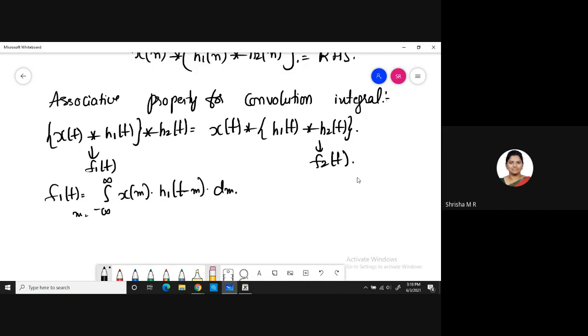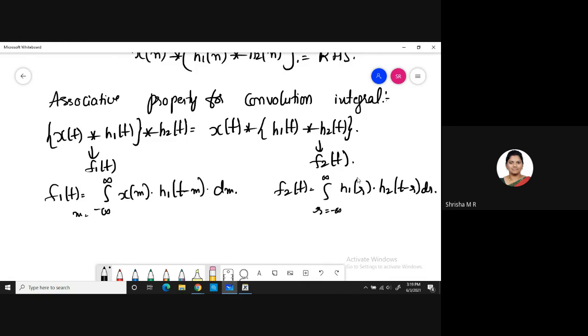Next, I'll write f2 of t. f2 of t is the integral, I'll take r here, similar to previous, r is equal to minus infinity to infinity, we have h here, right? So it's h1 of r into h2 of t minus r into dr.